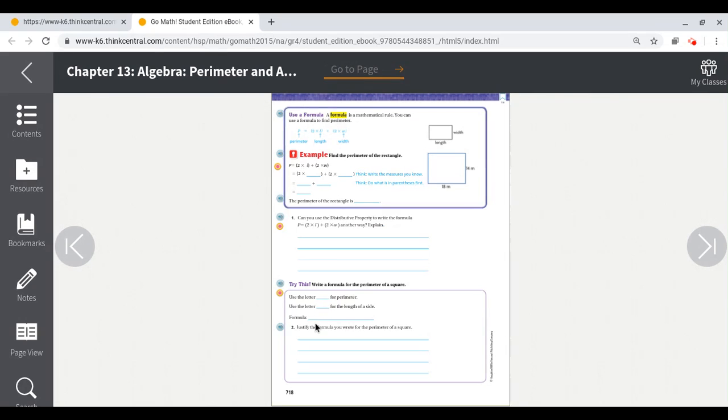So P goes here, L goes here. And then the formula would be perimeter, that's what you're trying to find, equals 4 times L, or 4L, because the square has 4 of the same side, so you're multiplying the length times 4. And then what I just said, the square has 4 equal sides times 4. That would justify your answer for 718.